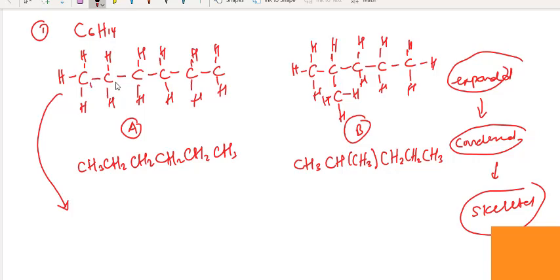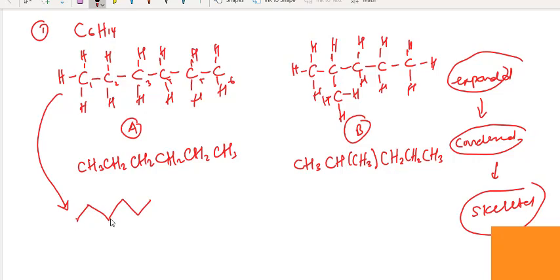So we number the carbon first. We have 6 carbons starting from here: 1, 2, 3, 4, 5, 6. Recheck your answer.